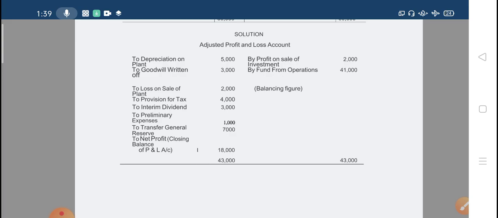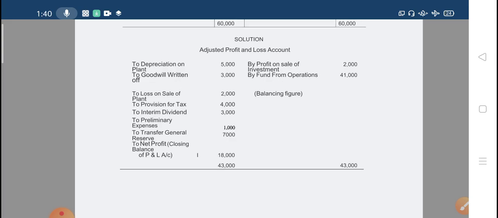To transfer to general reserve, 7,000, is taken. And the net profit, which is also a closing balance which we take in the balance sheet, that is 18,000, is also taken here. At the credit side, by profit on sale of investment, 2,000, is also taken.